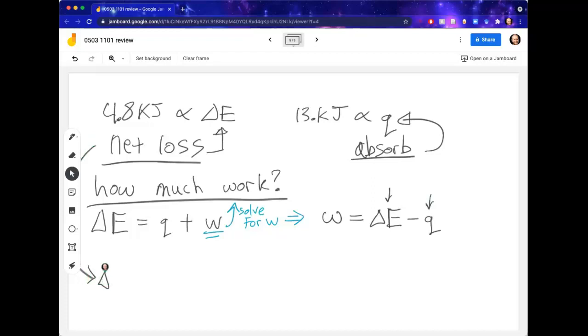If the system has experienced a net loss in energy, then delta E is negative. So in this case, the sign of my thermodynamic quantity is negative. The value is 4.8 and the unit is kilojoules. Remember, 3 things are needed to specify a thermodynamic quantity.